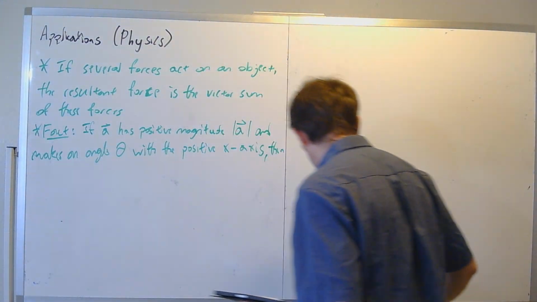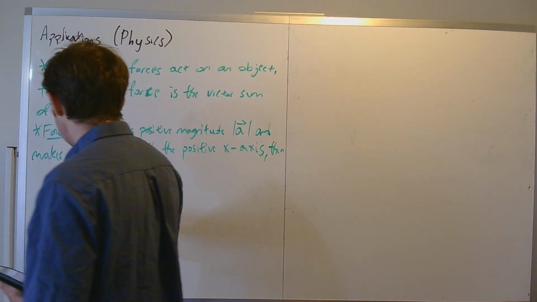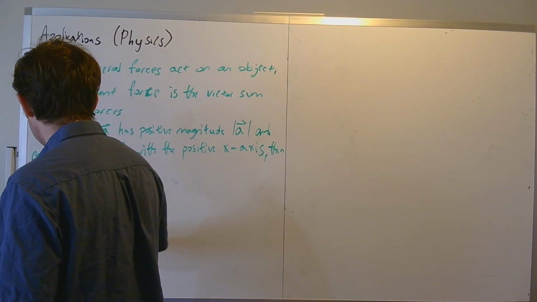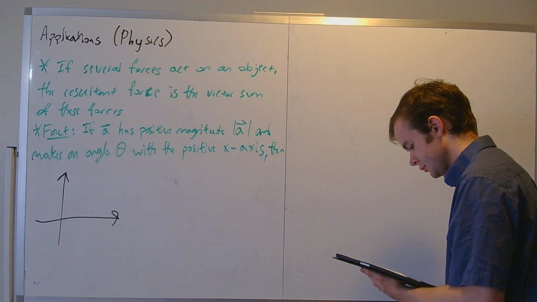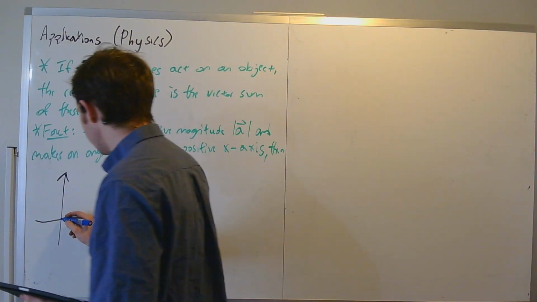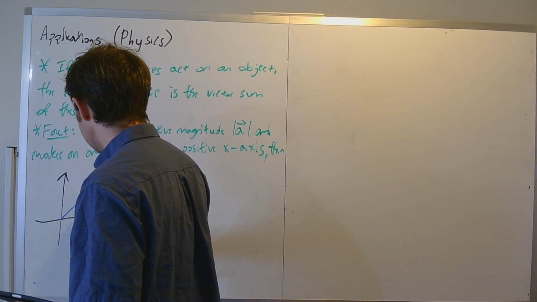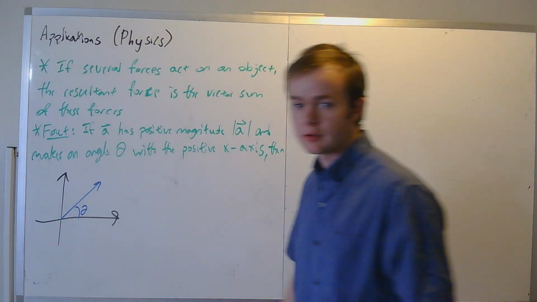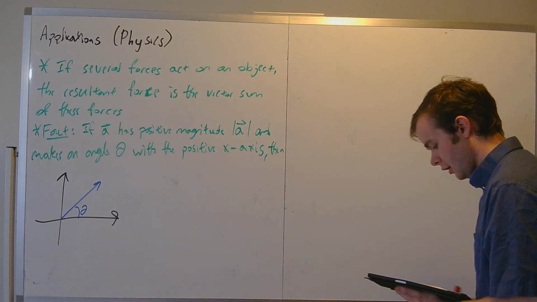let me draw a picture of what's going on. So we've got our coordinate system here, and we've got a vector. Let's say we have a vector here, and it's making an angle theta with the positive x-axis. And let's say we have a point at the end.